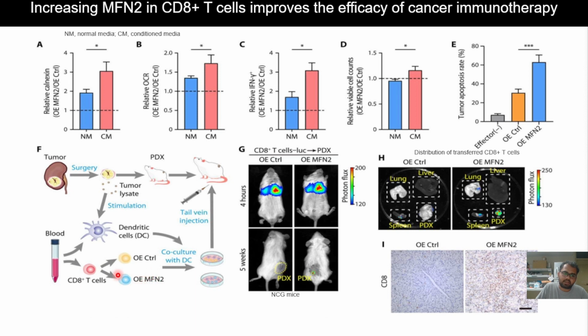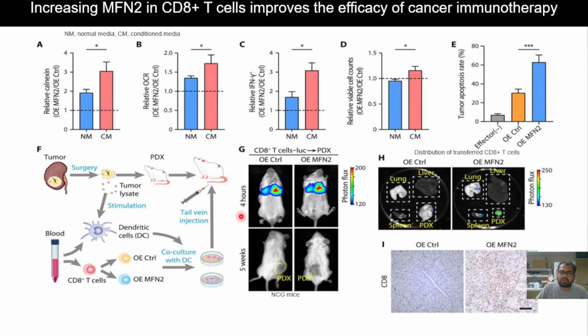So they basically transfected these cells with the plasmid, which increases the expression of MFN2. So when this control versus increased MFN2-expressing CD8 T cells were primed by co-culturing with the dendritic cells, these cells were injected into the mouse.